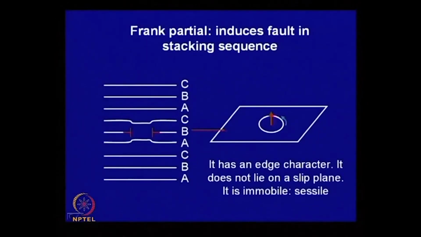If they accumulate on the B plane over here, because of the accumulation of excess vacancy you have an edge dislocation created, something like which is shown by this symbol, and the Burgers vector of this is perpendicular to the plane, which is shown diagrammatically over here.